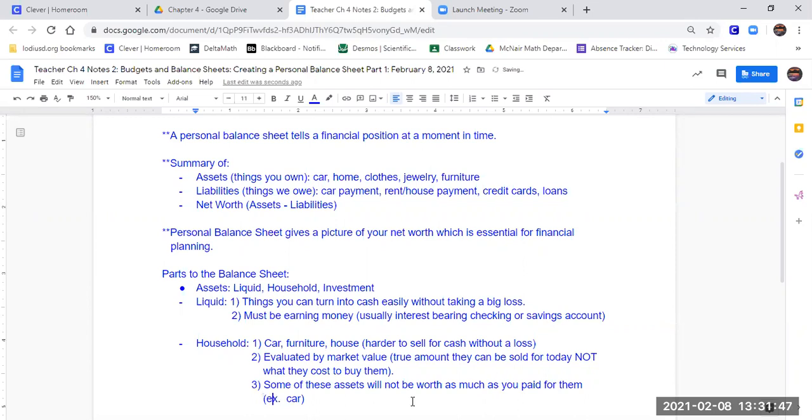Okay, cars, as soon as you drive them off the market, even if they're brand new, once you drive it away from the dealer onto the street, the value for the car has gone down. It's crazy because now it's used. But like I said, you could find out the value of this through a website called Kelley Blue Book.